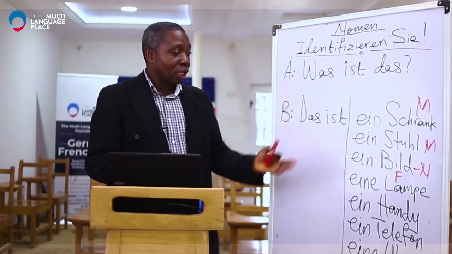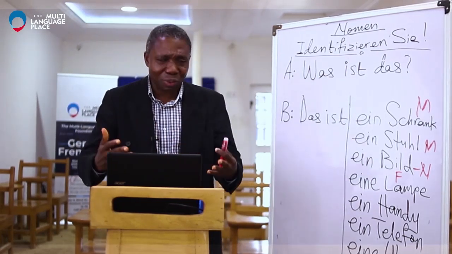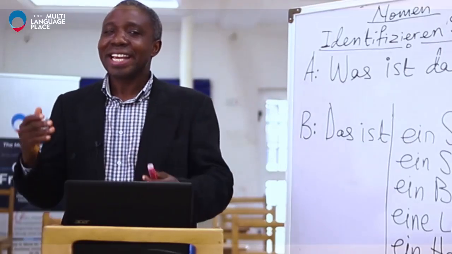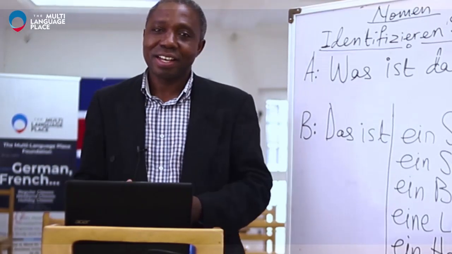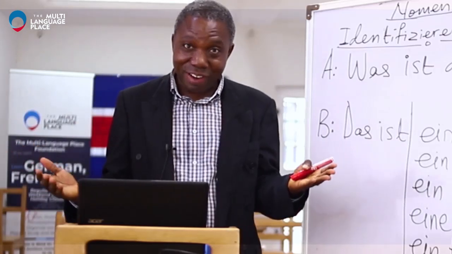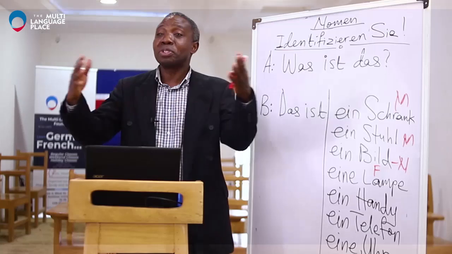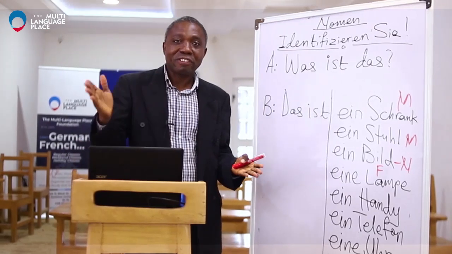Very important. You can use the indefinite article for that exercise, and you just ask yourself the question, Was ist das? And of course, as you ask yourself the question, you also answer the question you have asked yourself. Das ist, and you begin to list objects that you have mastered.